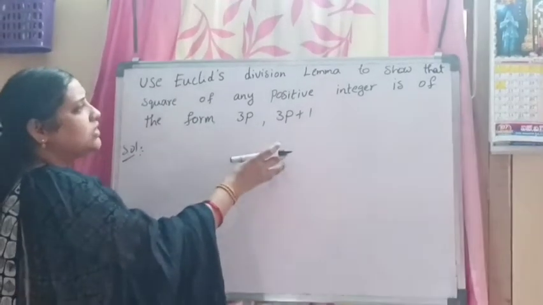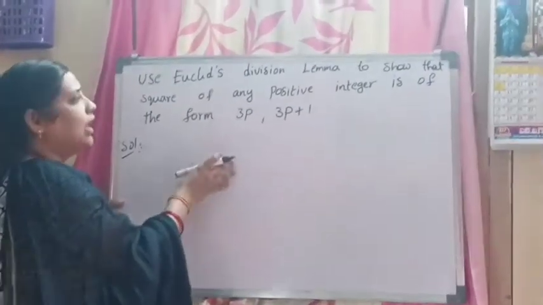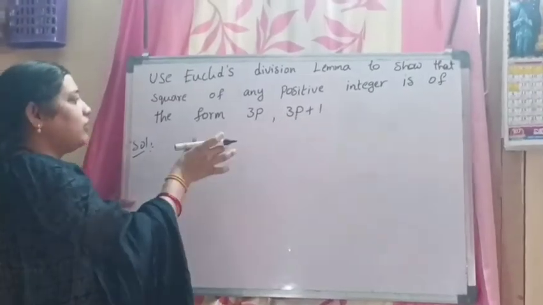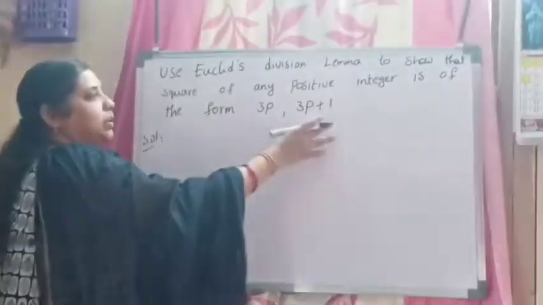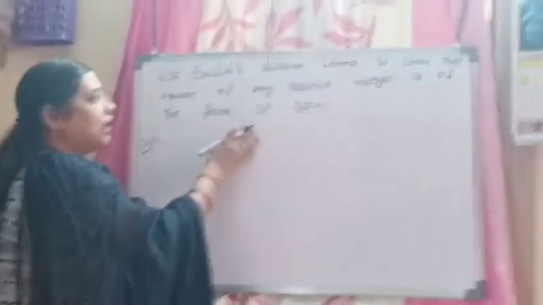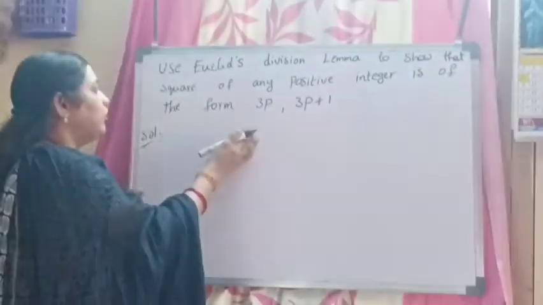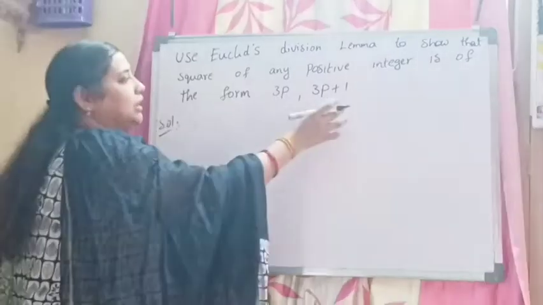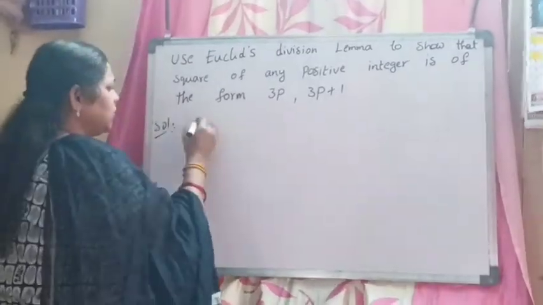Use Euclid's division lemma to show that the square of any positive integer is of the form 3p or 3p plus 1. Solution.